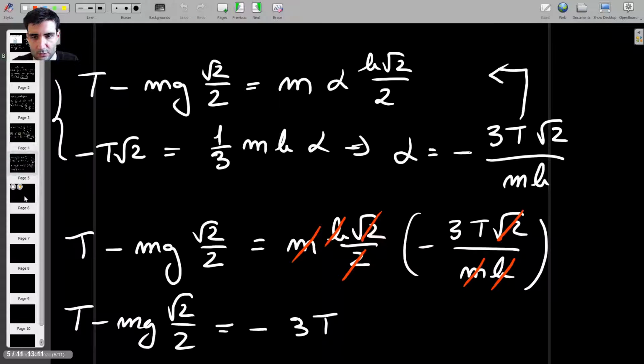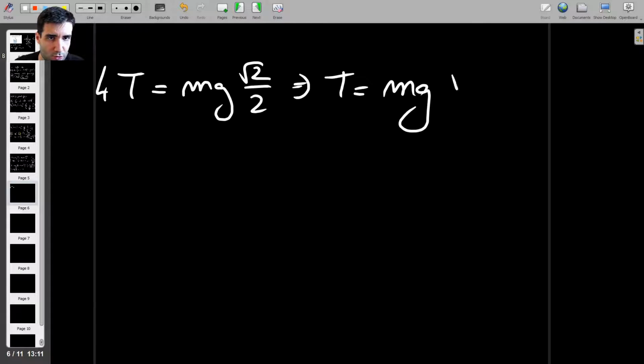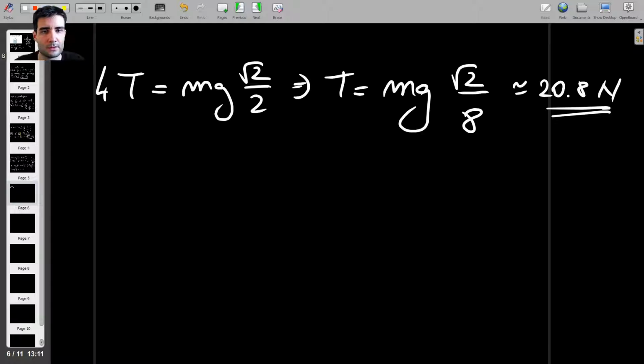Which means that if we move things around, we're going to get that 4t on this side equals mg root 2 over 2. And finally, the tension will be equal to mg root 2 over 8, which if you put the numbers in, you will just have that this is approximately equal, I think, to 20.8 newtons. And yeah, and that's how you find the tension.